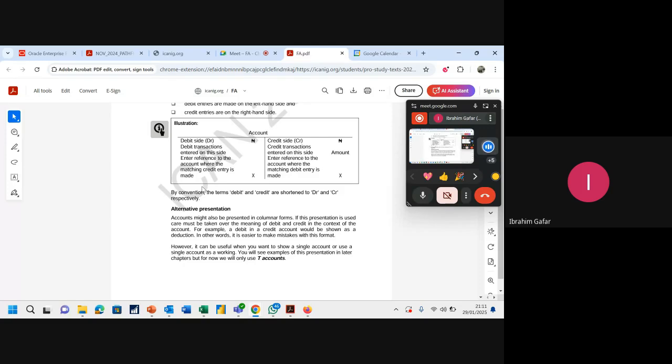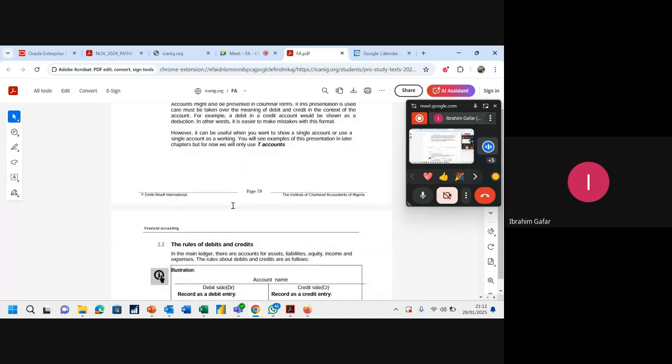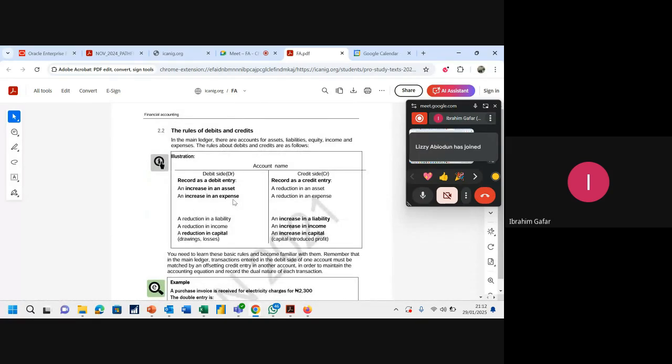So the main ledger, there are accounts for assets, liability, income. I think we've mentioned before the elements of financial statements: you have the assets, liability, income, equity, and expenses.